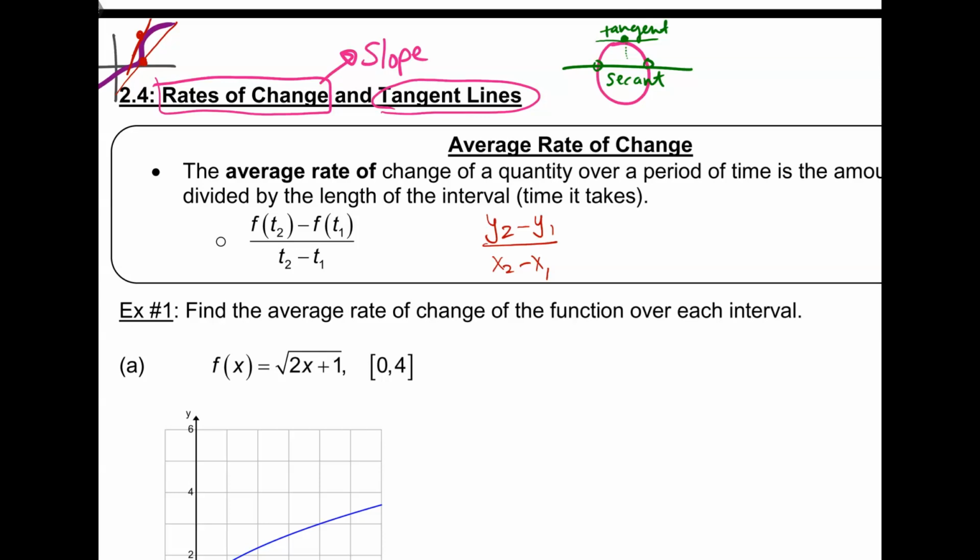So if I want my average rate of change, I know that I start here and end in Vegas, let's make it 240 miles. In my little example, I end at 240 miles and start at 0 miles, I end at 5 hours and start at 0 hours.